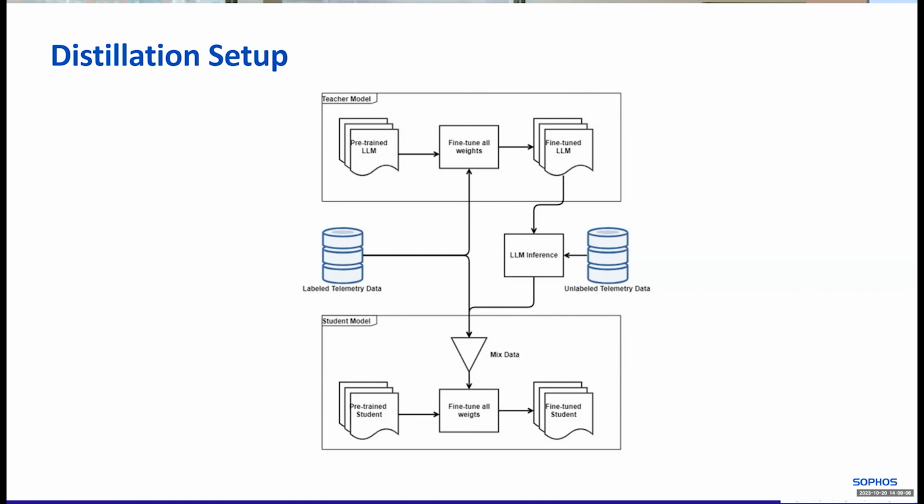And then we took the unlabeled part of our telemetry and we scored everything in the unlabeled part of the telemetry with the teacher model. And the next simple thing that we did is that we mixed these two data sets together. And that was the input for our student model candidates, which were the conv model, the BERT Tiny, and the BERT. And we fine-tuned those and looked at the results.